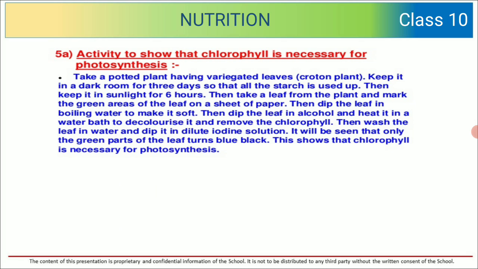The green parts of the leaf change color when you dip it in dilute iodine solution. The leaf turns blue-black. This shows that chlorophyll is necessary for the process of photosynthesis. If chlorophyll is not present over there, the leaf will not turn blue-black.